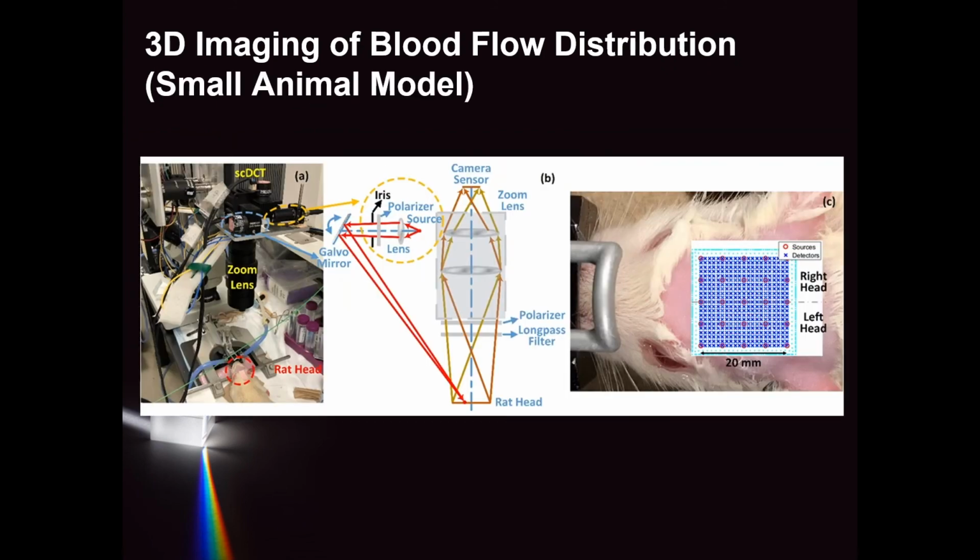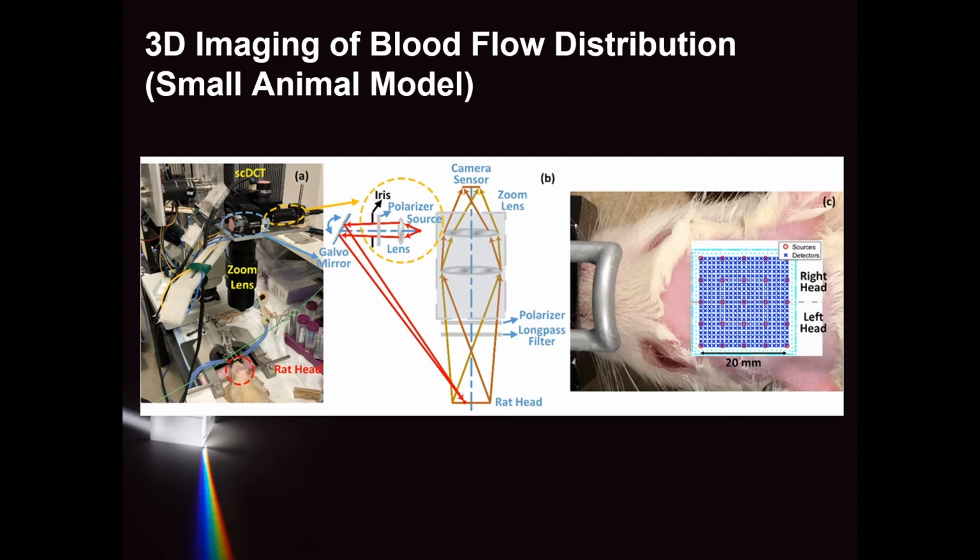And here you can see the modified SC-DCT system for imaging of cerebral blood flow in a small animal like a rat. In part A, you can see the experimental setup for cerebral imaging of a rat, and in part B, you can see the optical design of the modified SC-DCT. As you can see in this part, an iris was used to limit the size of the light spot.